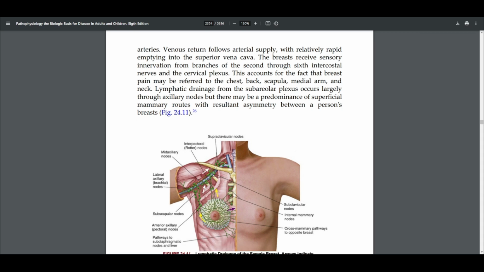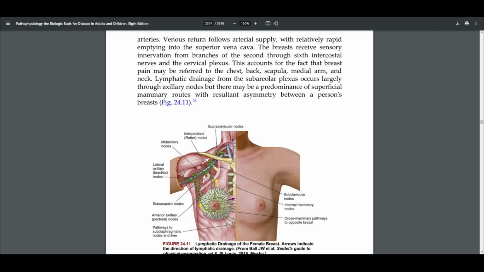The breasts receive sensory innervation from branches of the second through sixth intercostal nerves and the cervical plexus. This accounts for the fact that breast pain may be referred to the chest, back, scapula, medial arm, and neck.